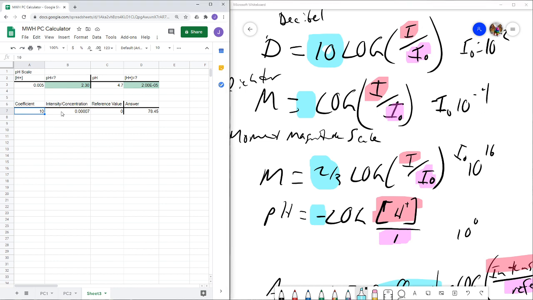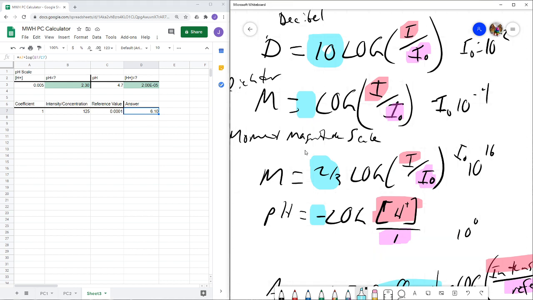But here for the Richter scale we notice we have a 1, so if we plug in a 1, and let's suppose our intensity measured was 125. Our reference value now we know is 10 to the negative 4, so I'm going to change that to negative 4, hit enter. And so this earthquake would have a magnitude of 6.1.